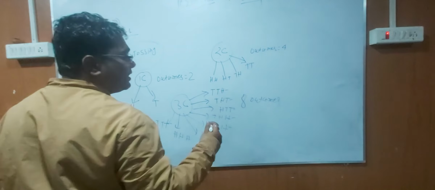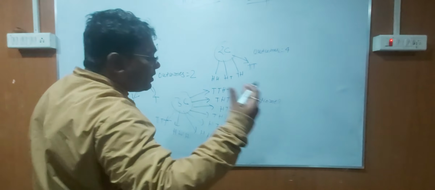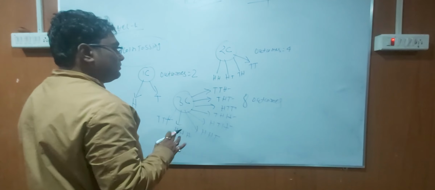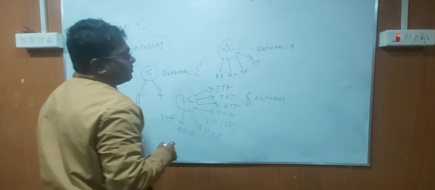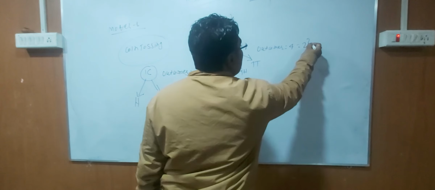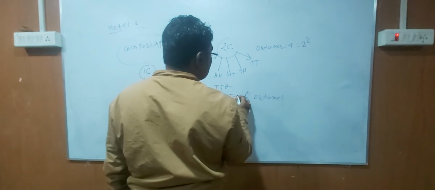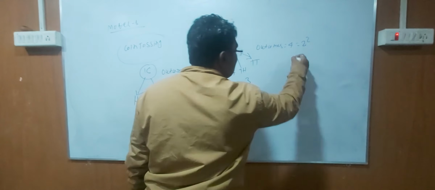So now we can generate a simple logic. 1 coin, 2 outcomes, 2 to the power 1. 2 coins, 2 to the power 2. 3 coins, 2 to the power 3.